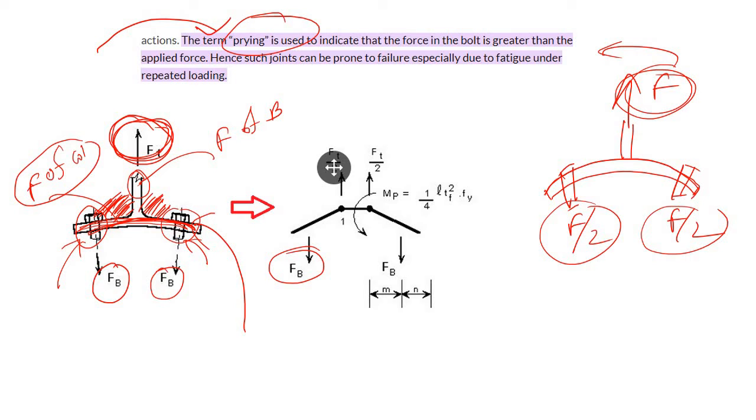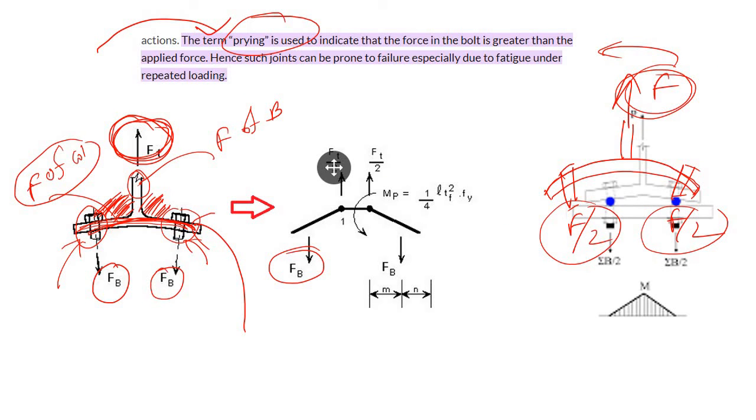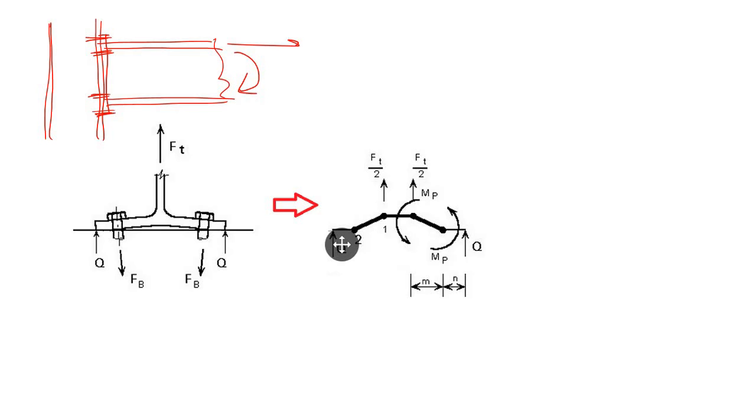Now what will happen if we do not have a stiffener? The deformation will be much larger. Let's say this is the column and this is the beam, and at the end you have put some plate. These are the bolts. Now if you have moment like this, here is the tensile force and here is the compressive force.